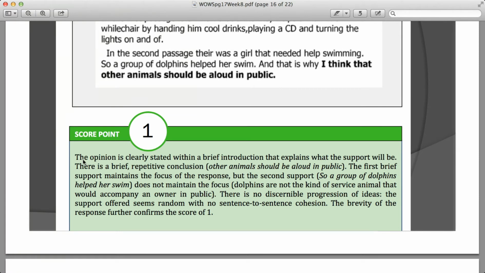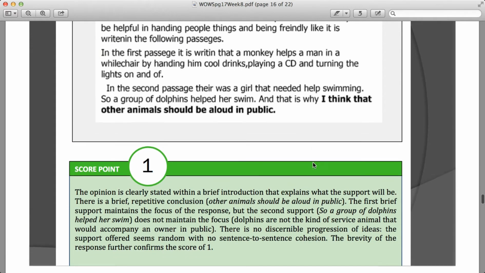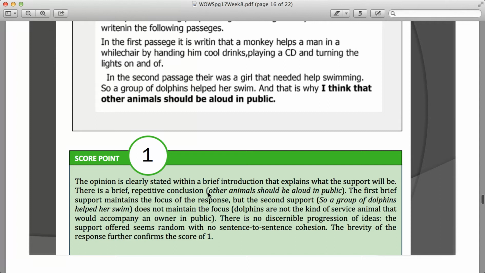They did give credit that the opinion is clearly stated, which is why they at least earned a 1, right? We know that this person did form an opinion. So that's really good. They're even giving this person credit for a brief introduction that explains what the support will be. There is a brief repetitive conclusion that other animals should be allowed, spelled wrong, in public, which they picked up on. So it is very brief, but it does not maintain the focus.